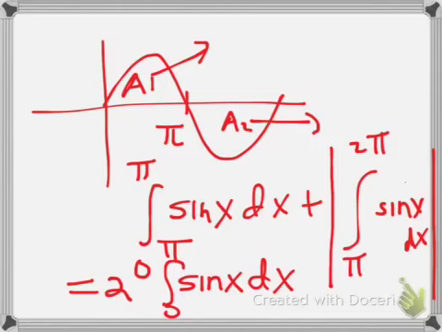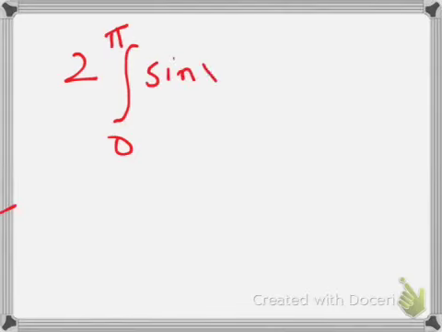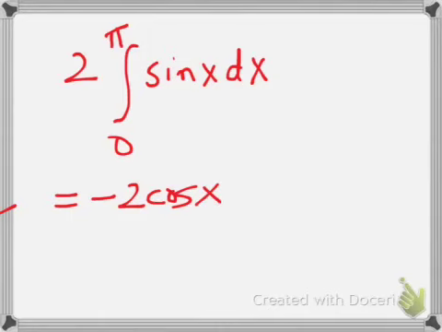So twice the integral from 0 to pi of sine x dx. And if I want to evaluate it, again, the antiderivative is negative cosine x, so I can make it -2 cosine x, and the limits are 0 to pi.